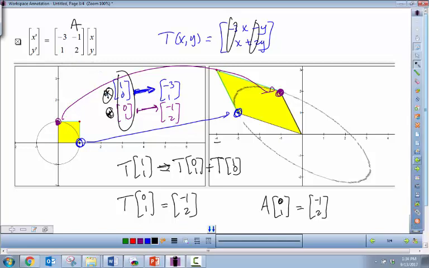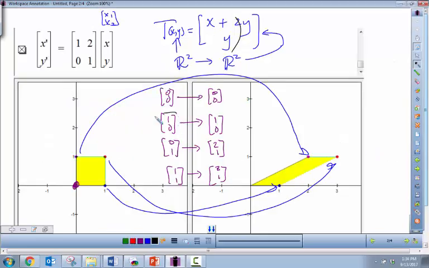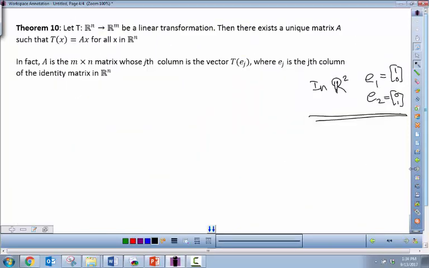Let's go back to the previous example. 1, 0, 2, 1. Those are the columns of the matrix. So now if we can define a transformation and do it to these two vectors, then we can create a transformation for everything. This is your dependence from section 1.8. This is now 1.9.